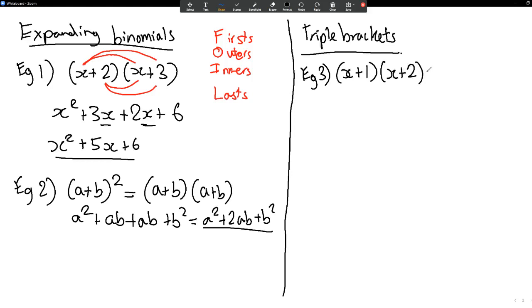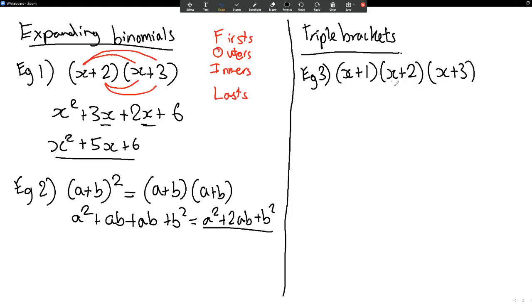So let's take this fairly trivial example, or it seems like trivial, but it's actually a little bit more difficult than just expanding two brackets.